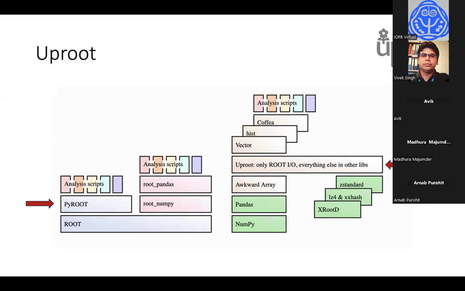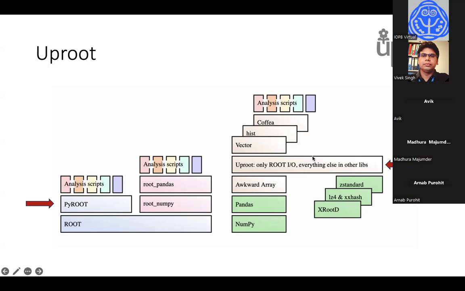Some have preferences, like why should I always produce histograms which look the same, because they are all made from ROOT. I would like to use some other package which can produce better histograms or better visualization, etc. So this kind of flexibility is there if you use uproot.